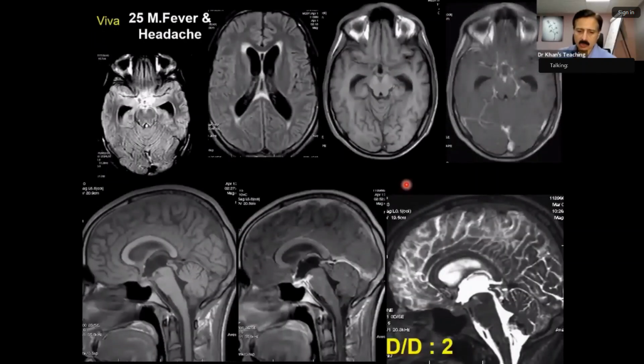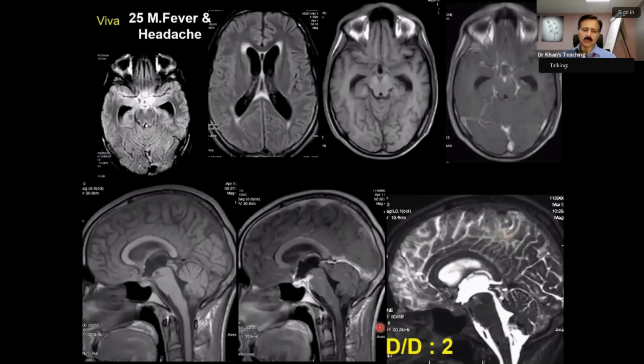This is a good case, so if you can describe it. Let me, for the audience, tell you the sequences. Here, T1 without contrast, T1 with contrast, and this is a CISS sagittal. CISS is constructive interference in steady state. We have covered it when we covered the MR basics.